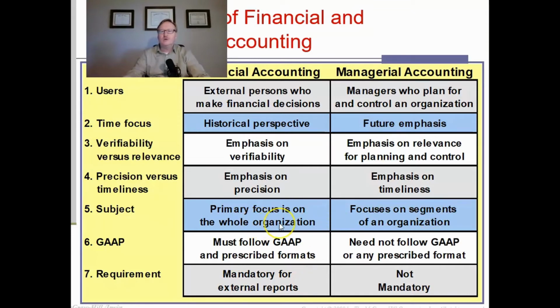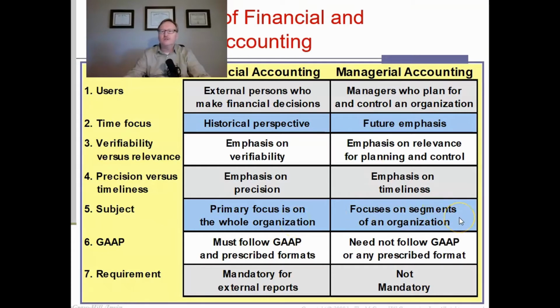This is the whole organization, and I like to use companies like Pepsi, Procter and Gamble, Mars Candy, because they have a lot of segments within the organization. So PepsiCo owns Pepsi Cola, the beverage company. They also own Frito-Lay, and they own Quaker Oats. And so they have 3 major segments. When they do their financial reporting, they have to report all of them.